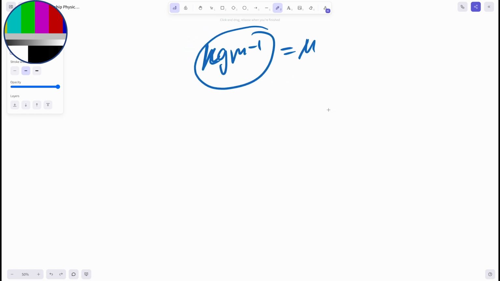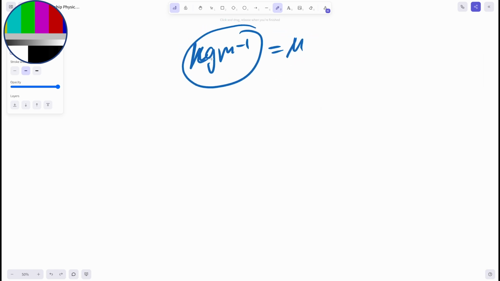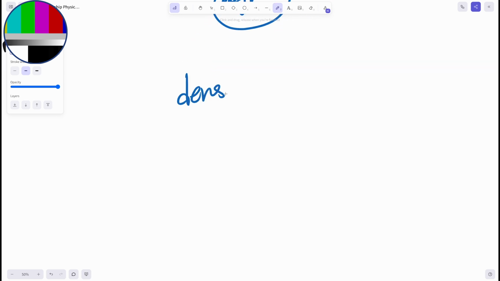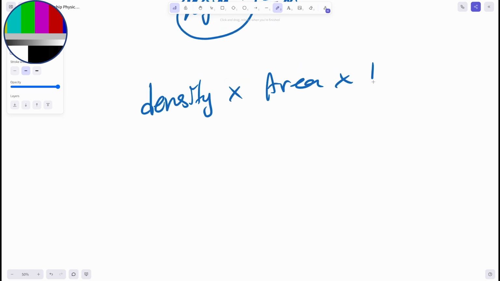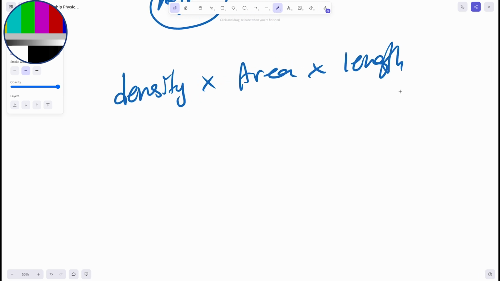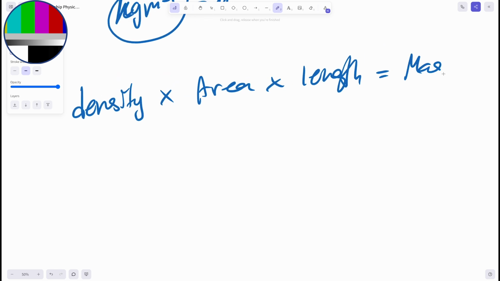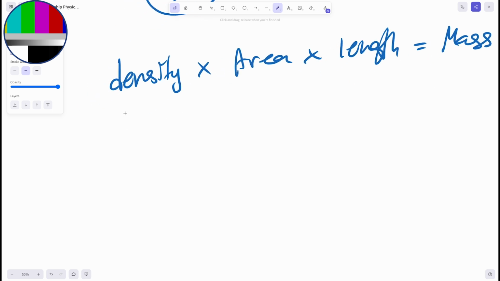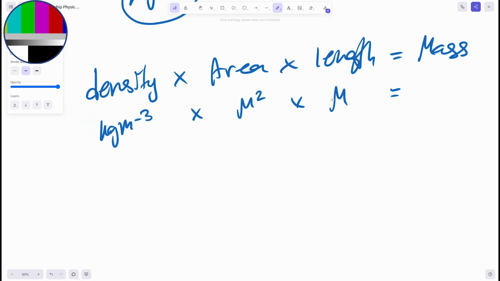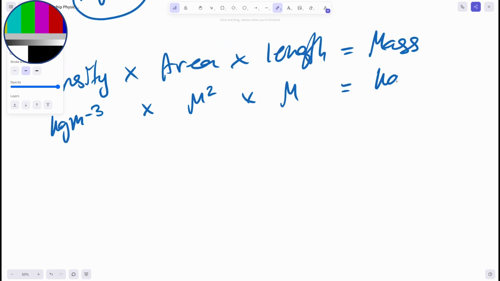One way we can calculate the mass of a string is by taking the density times the area times the length, and this equals the mass. The reason for this is that density is kg per meter cubed, times our area, which is meters squared, times length, which is meters. As you can see, the meters cancel and we're just left with kilograms.